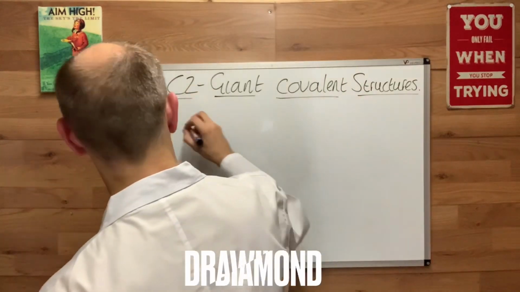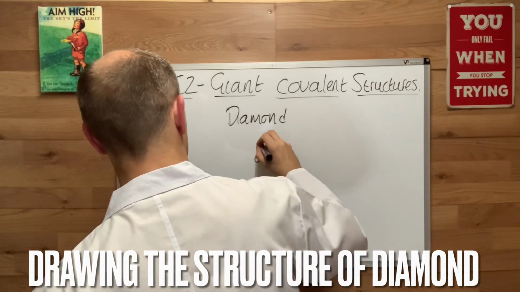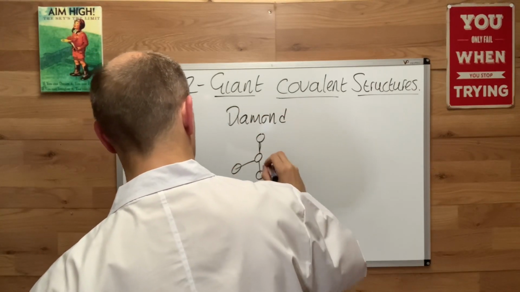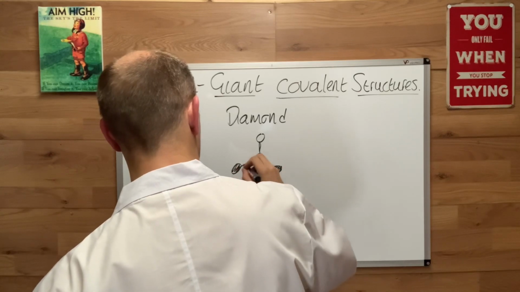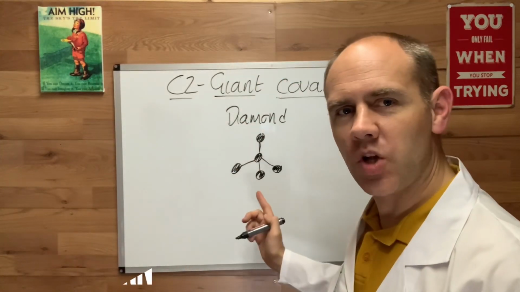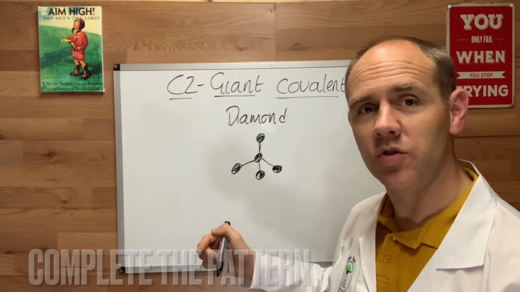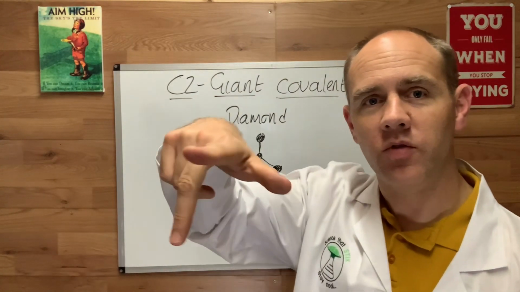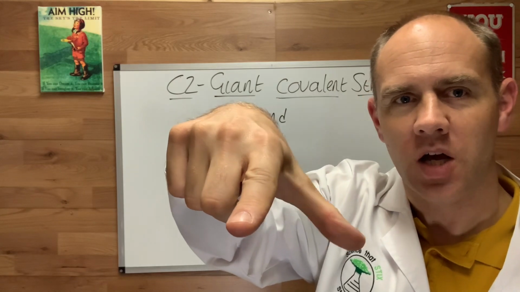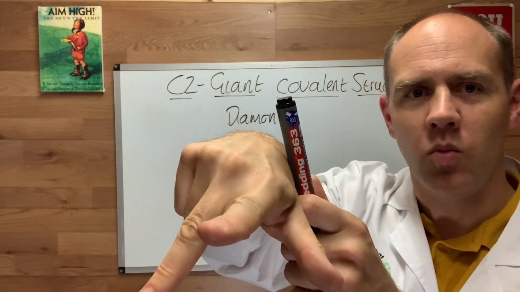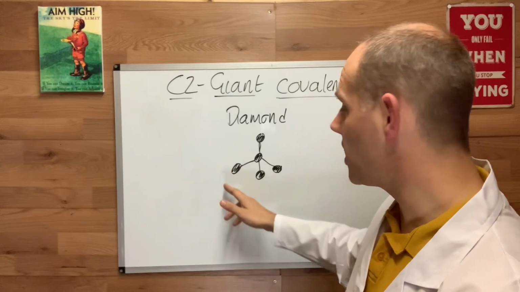So let's look at how we draw diamond. We start off with one carbon atom, three coming off at different angles, so it gives the impression that we've got one carbon atom coming out, another going back, and one sticking out the top. We then continue the pattern.